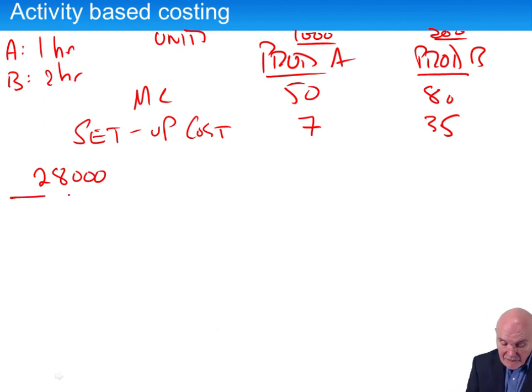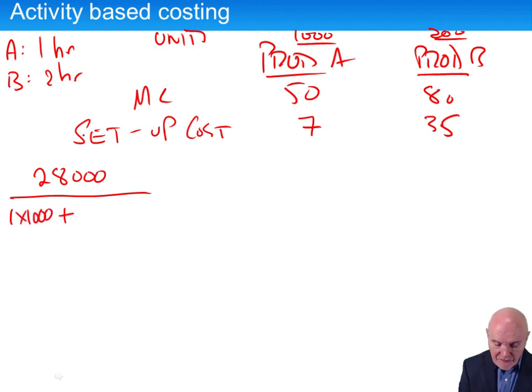Well, dividing that over the labour hours, we're saying there's 1,000 hours dedicated to product A, 1,000 units of 1 hour each. And we're saying each unit of B would take 2 hours. That's going to be 200.